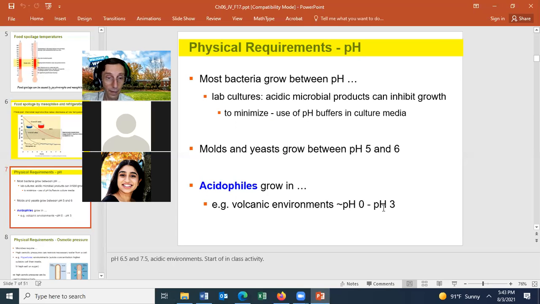Your stomach is around a pH 2. And I think we mentioned that Helicobacter pylori, which grows in your stomach, is an acidophile, and it likes growing in an acidic environment. Anyways, the term acidophile means it grows in an acid environment.